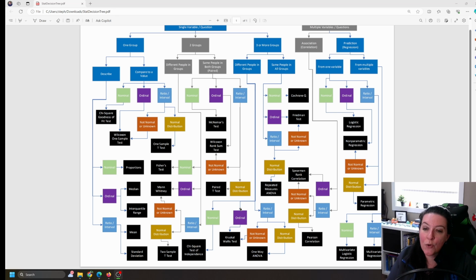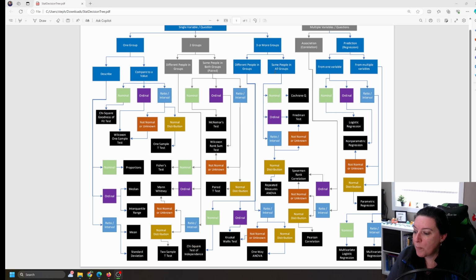If it is ordinal ranking, then we use a Kruskal-Wallis test to see if there's a difference between the multiple different groups. If it is ratio or interval, then we use a one-way ANOVA to compare more than two groups when we're looking at different people in the groups.